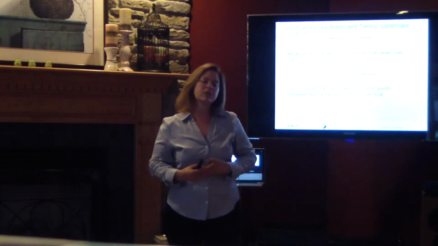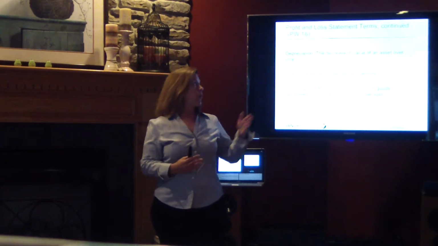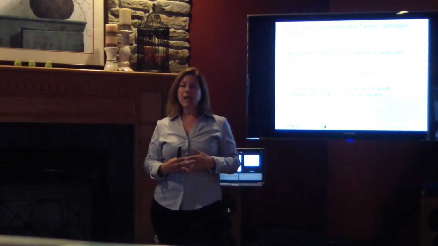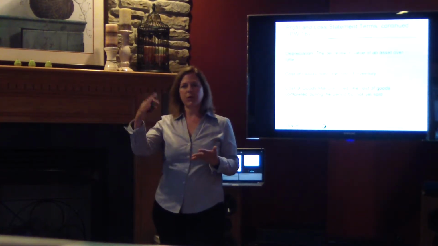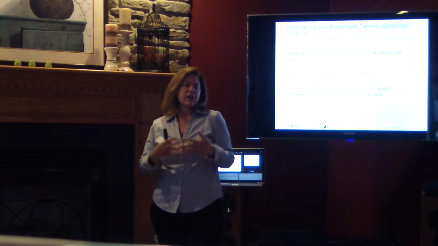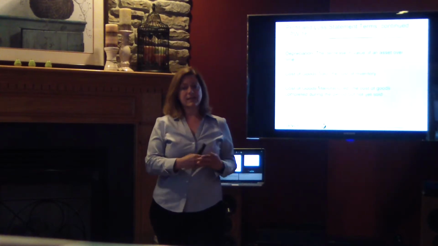So the matching principle says that we're going to actually defer a chunk of those expenses in one way is using depreciation. So what we do is we take our large assets like our barista and all of our equipment and all of our furniture and our leasehold improvements, and we put them on our balance sheet as assets.